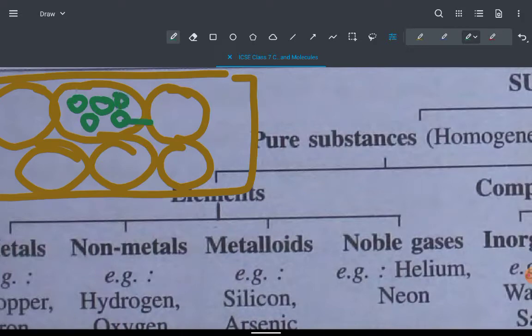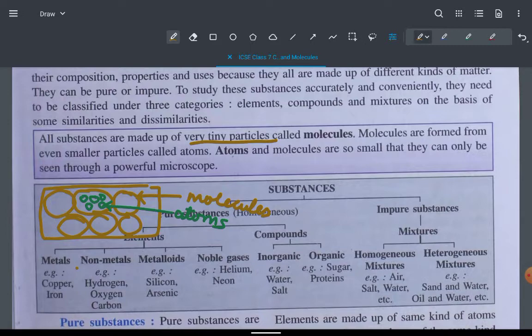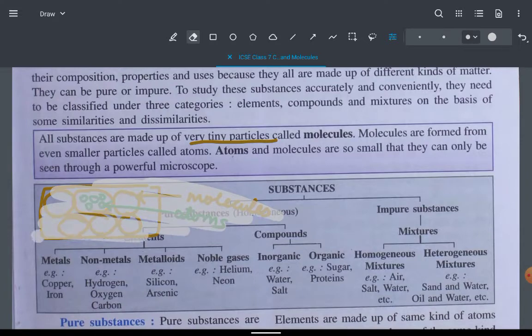Do you get this? The green ones are atoms and the yellow ones are molecules. Inside molecules there are atoms. Is this part clear? So just remember the definition: atoms are even smaller particles which molecules are formed of, and molecules are very tiny particles, right?